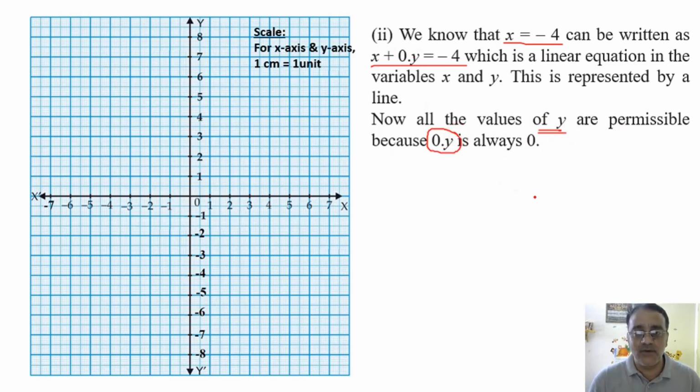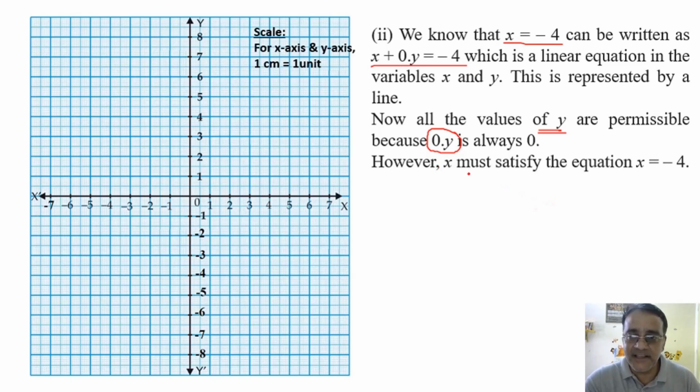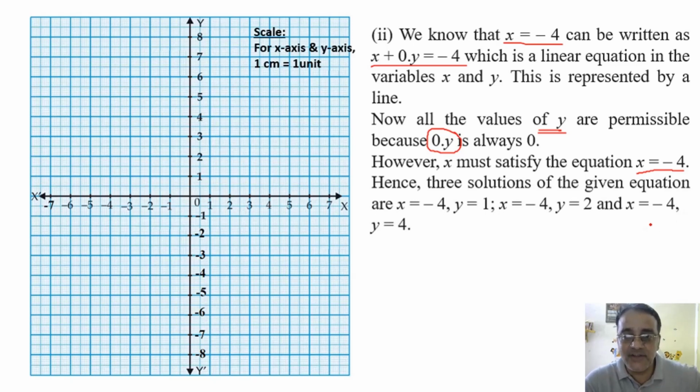That will always be 0 and we'll always get x equals -4. However, x must satisfy the equation x equals -4. So we are going to take three solutions: (-4, 1), (-4, 2), (-4, 4). You can take any one also, (-4, 0) as well. You can write any three solutions. x should be -4, y can be any value.